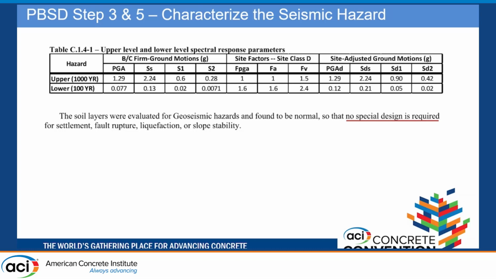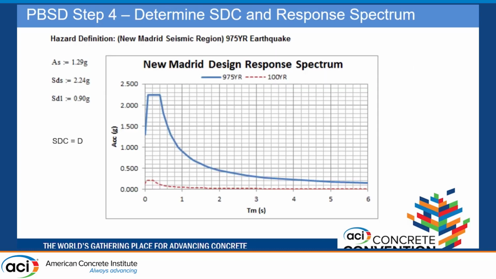So you can see the site factors here. And the soils, they've been evaluated for the geohazards, so there's no special design for settlement, fault rupture, liquefaction, or slope stability. We plot that map, and note there is a typo here. I realized that my D1 dropped off, so it just says D, but to the new guides, this would be a D1 site.